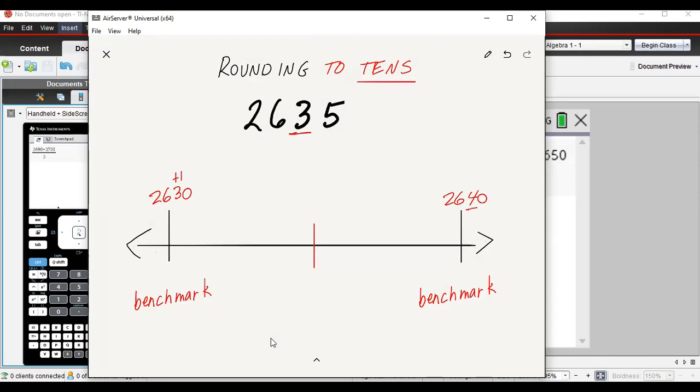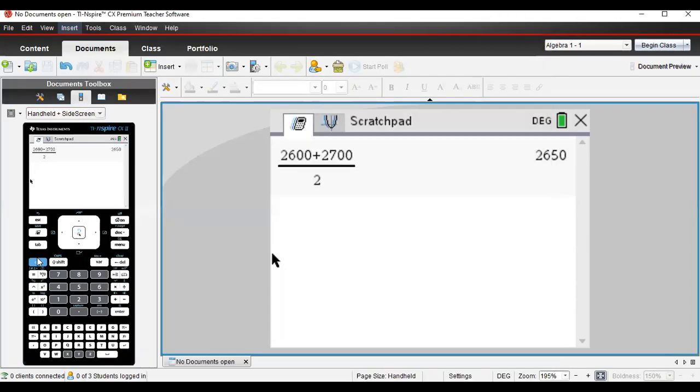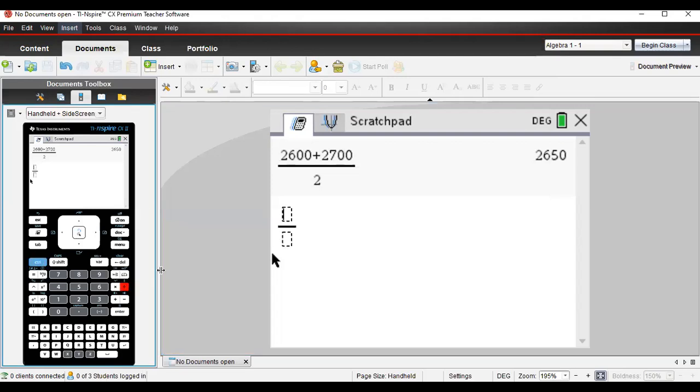And now we need the midpoint. The midpoint is going to be 2635. If you want to, you can use the calculator. Let's do that. So we're going to do control divide. We got 2630 plus 2640, and then we divide it by 2, and we get 26. Actually, oops.